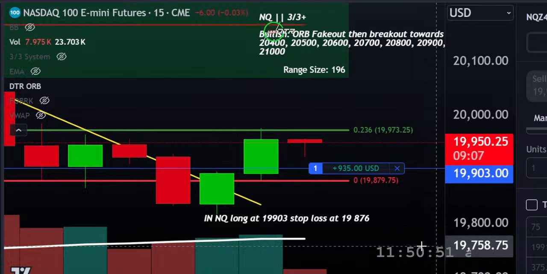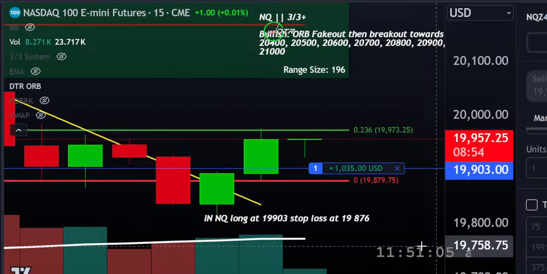Come on, go, go, go. Now that you've bounced back above 50, come on, turn into support and fly here. Let's see if it can.